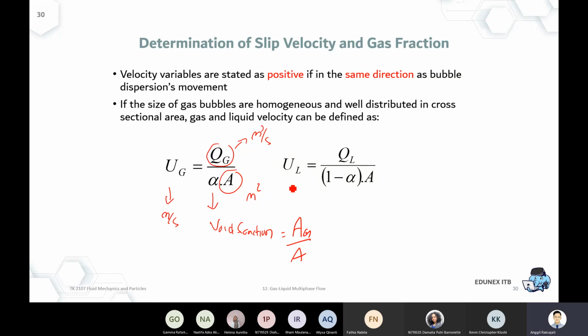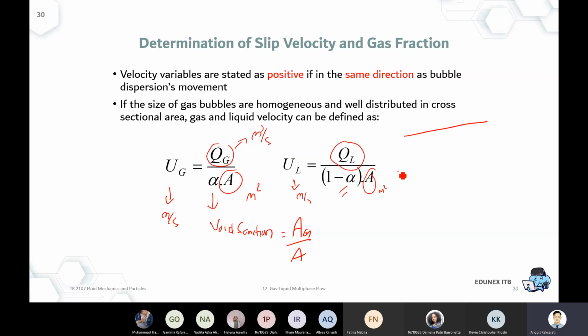In the opposite, if you try to calculate the meters per second of the liquid, it comes from the overall liquid volumetric flow rate, again in cubic meters per second, divided by the area of the overall pipeline, but multiplied by one minus the void fraction, the part where liquid flows in the pipeline.